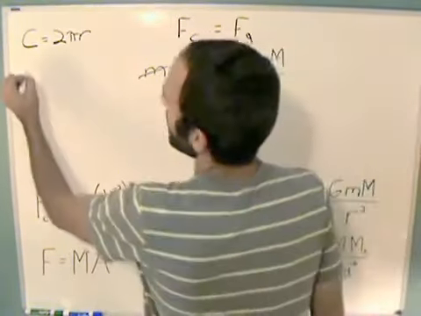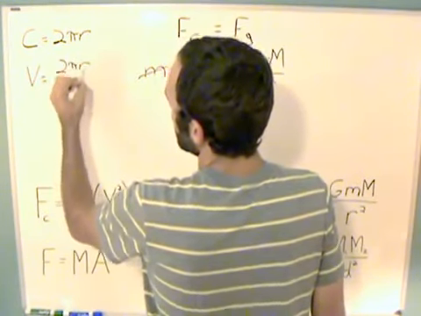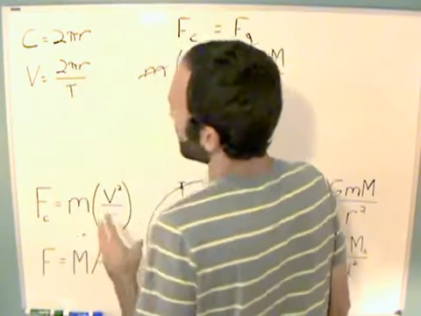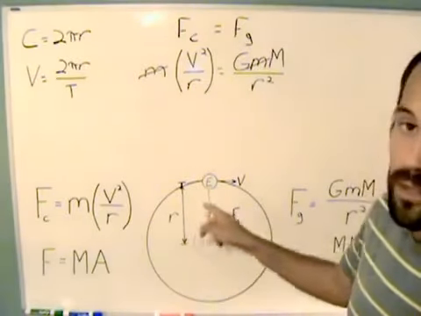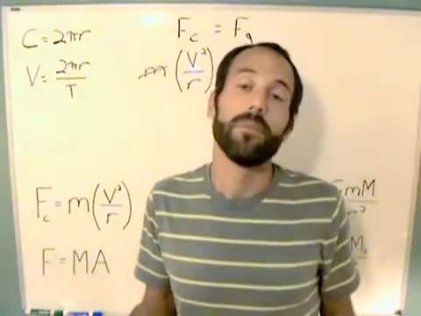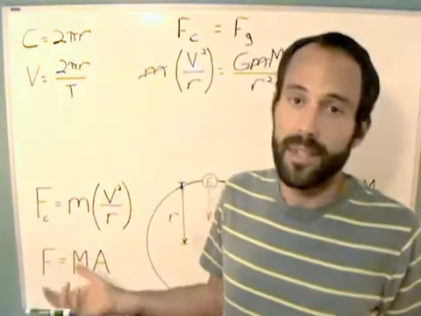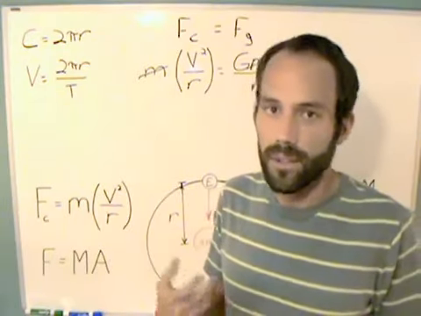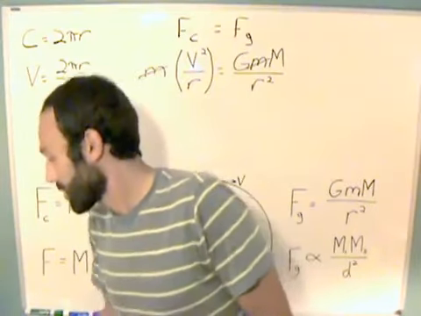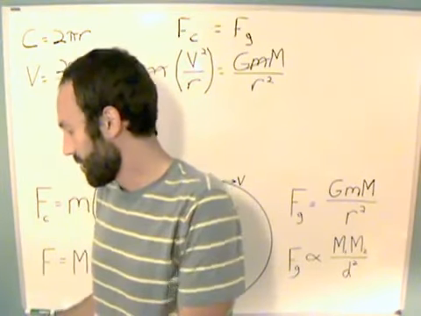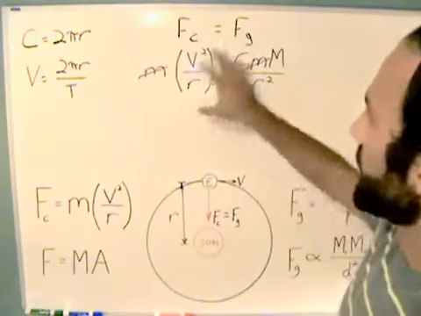So velocity is equal to 2 pi r over big T. In physics, big T is usually the period, the time it takes to make one revolution, which in this case they thought was 1 year. It takes 4 seasons, though they tell us 365 and a quarter days, which comes out to 31,557,600 seconds, which is what you would have to use to make all these units work.